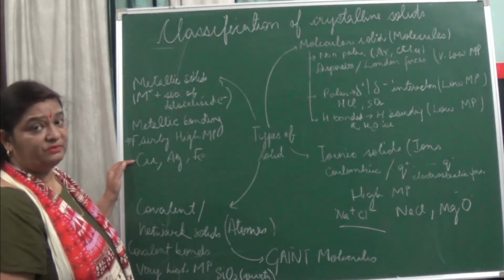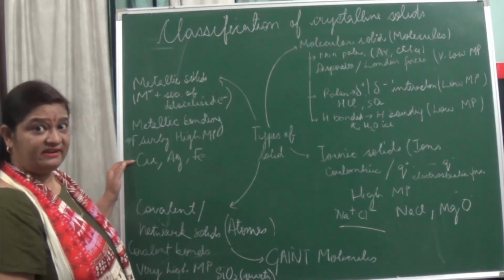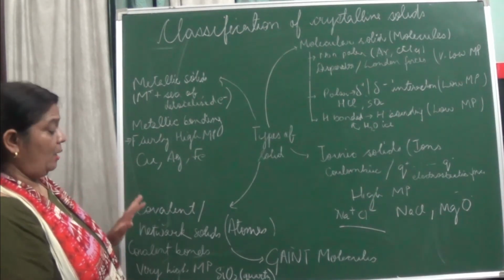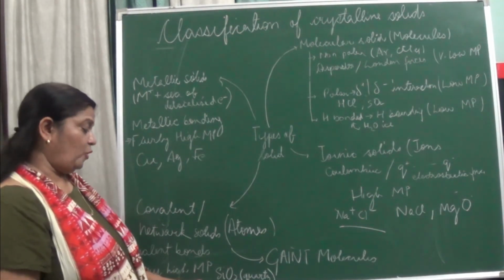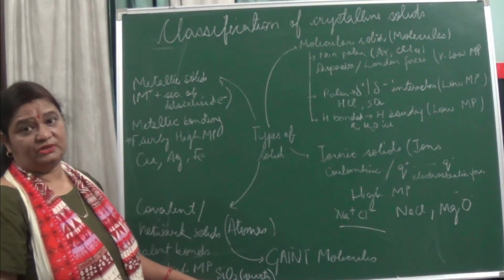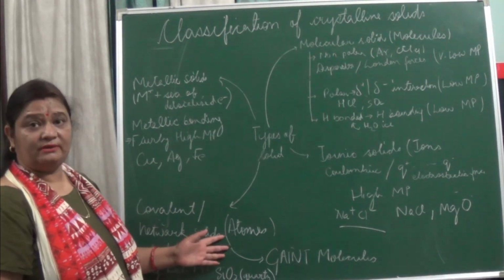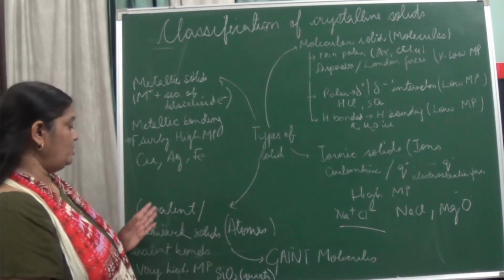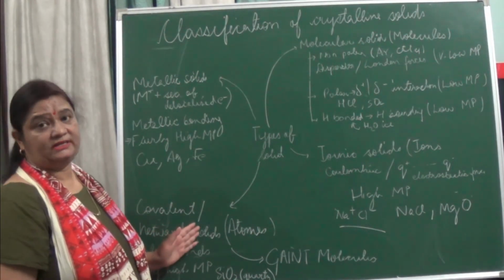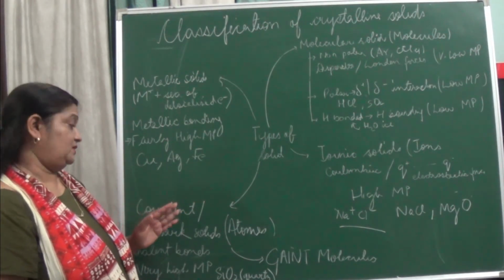So melting points become comparatively very high. Examples can be taken of silicon dioxide or quartz. Even diamond you can take in the case of covalent or network solids. Graphite also comes in this only.